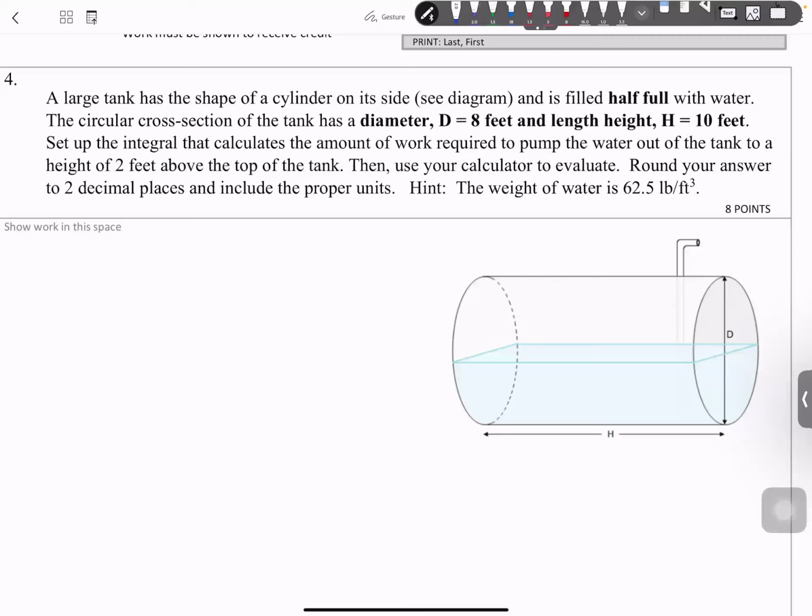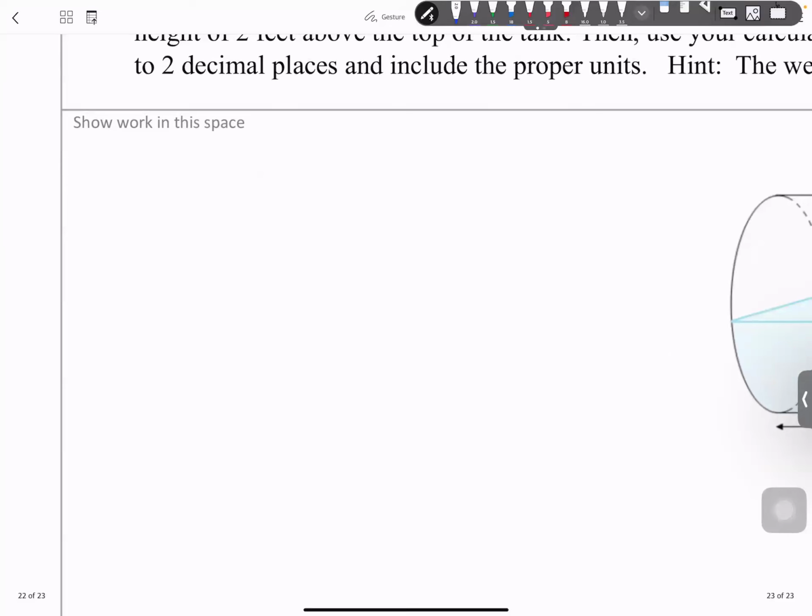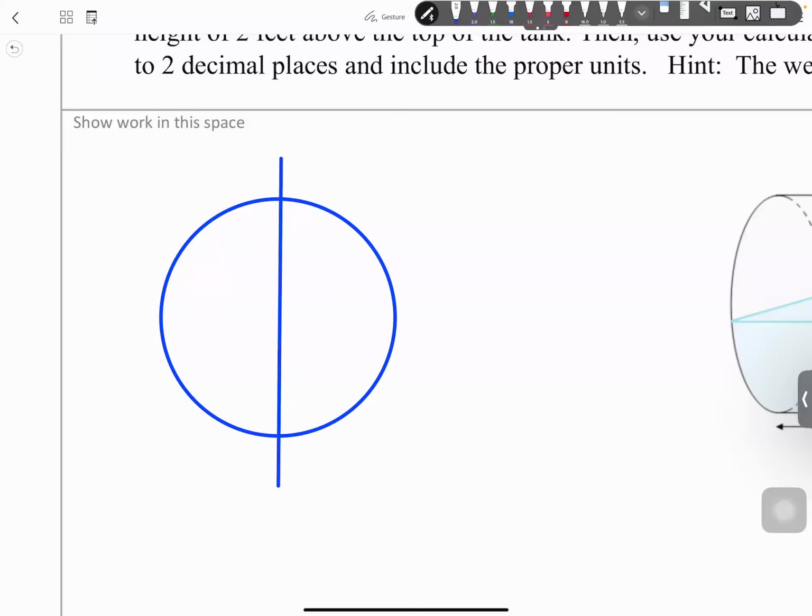All right, so what we need to do is determine what a slice of water might look like. So I'm going to go ahead and draw this on a coordinate axis. I'm going to put a big old circle here, and I'm going to set it up so the center of my circle is at the origin. You can set it up differently. Since the diameter is 8 feet, the radius is 4.